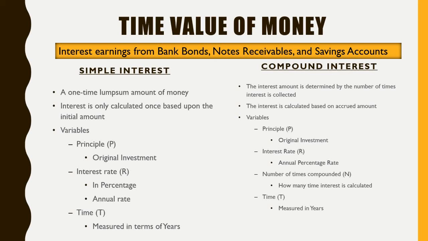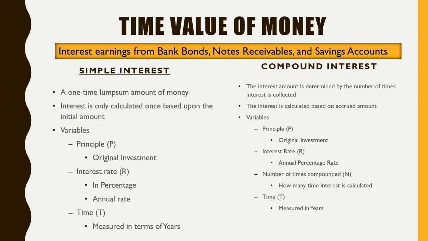Compound interest is more along the lines of what credit card companies use. They don't care if it takes you a year and you owe them X amount of money and they say you can make monthly payments. Therefore, they're going to charge and calculate your interest every month.